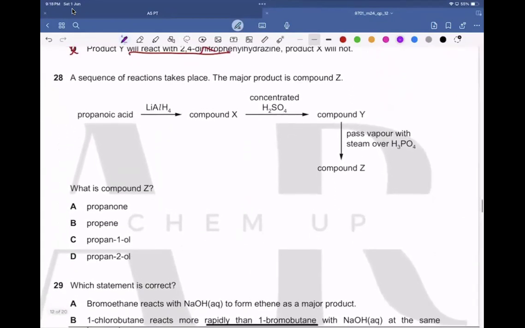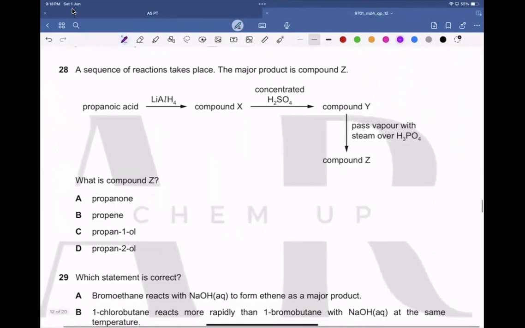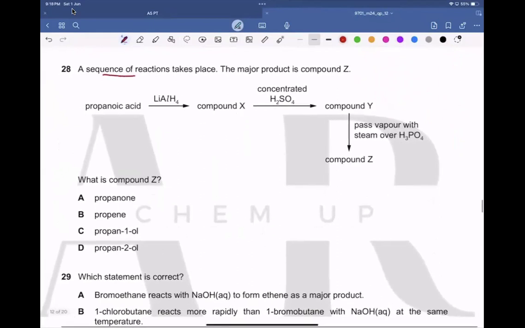Okay. Now question number 28. A sequence of reactions takes place. The major product is compound Z. Propanoic acid is a 3-carbon containing carboxylic acid.